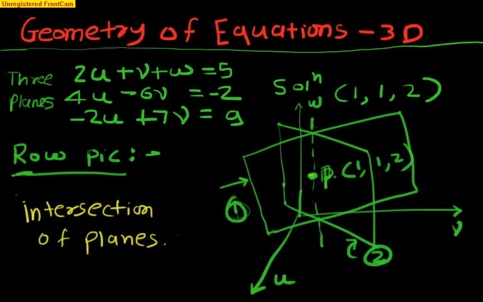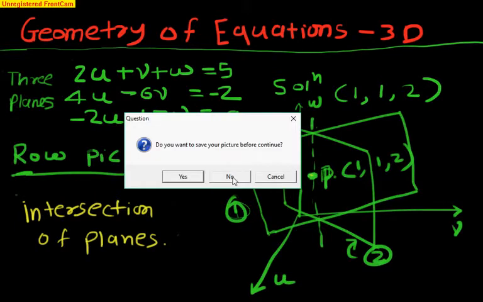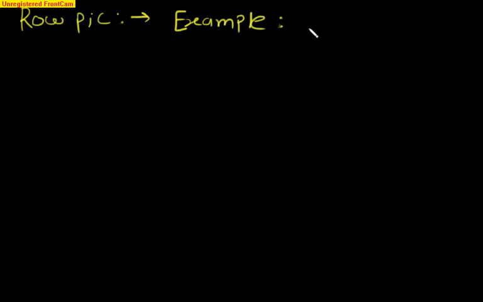We'll take a new window. Row picture, example. Suppose I give an example about four-dimensional space in which we are living.